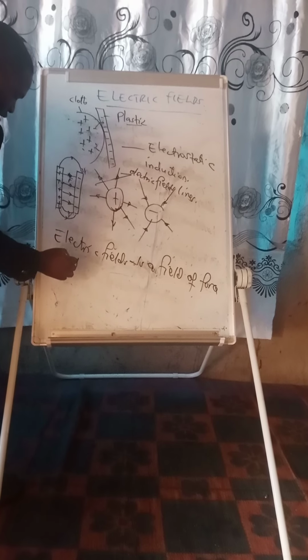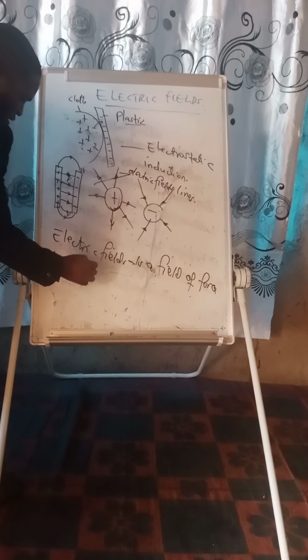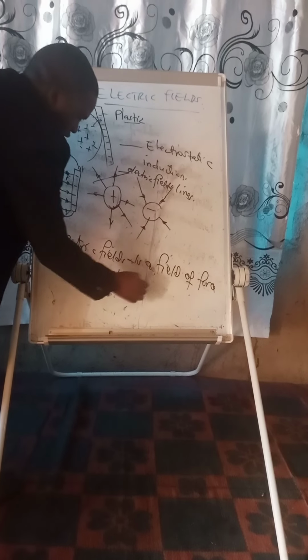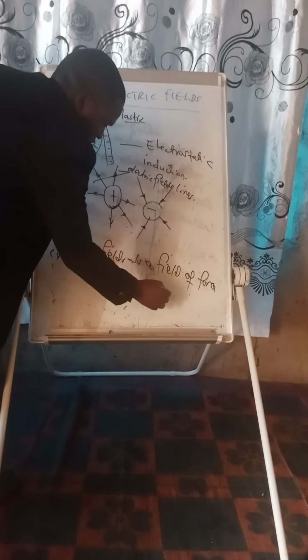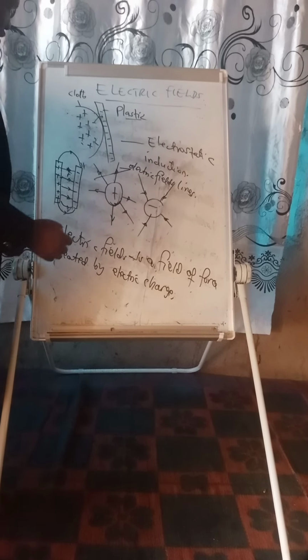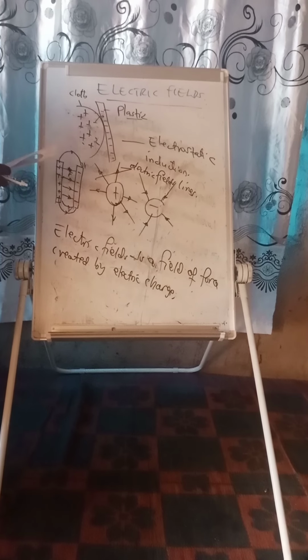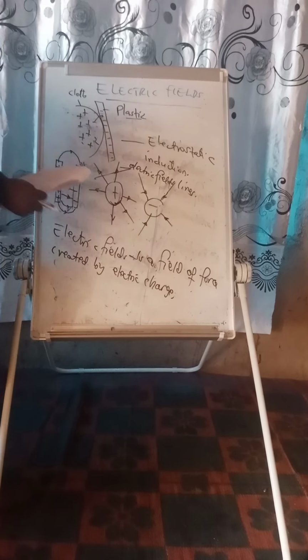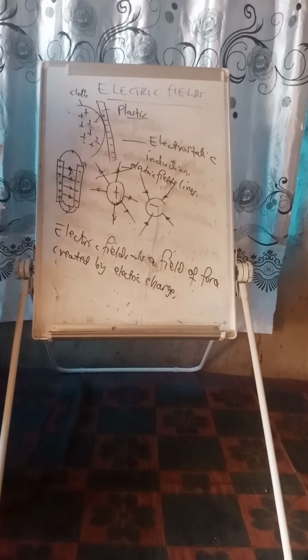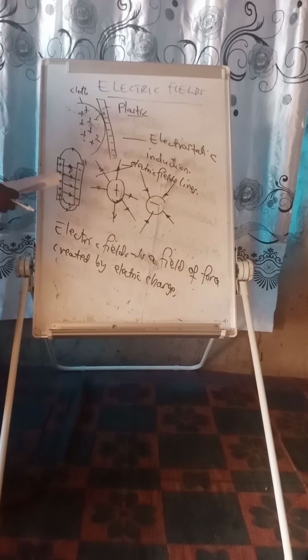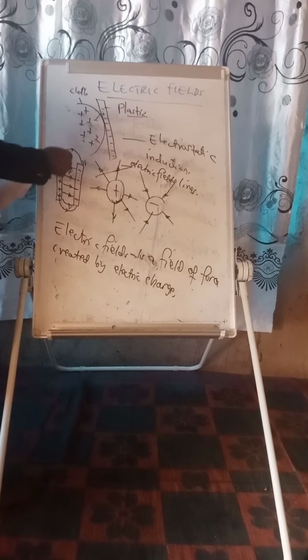An electric field is a field of force created by electric charge and can be represented by electric field lines like this.